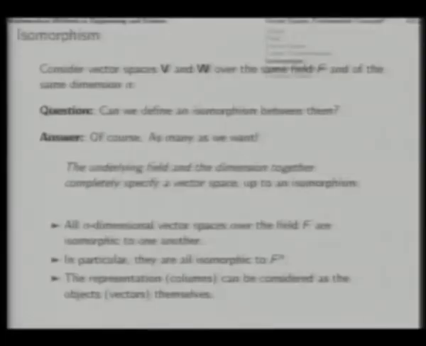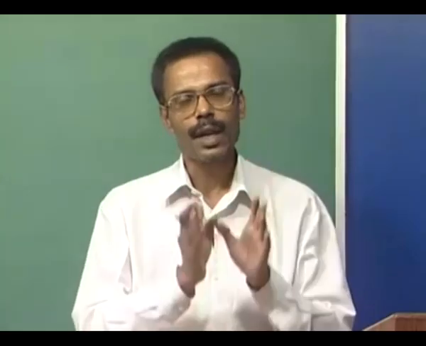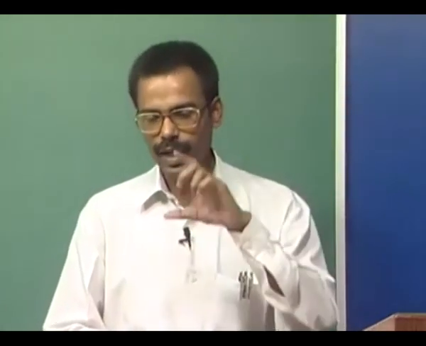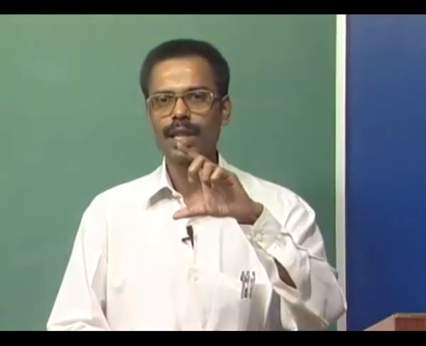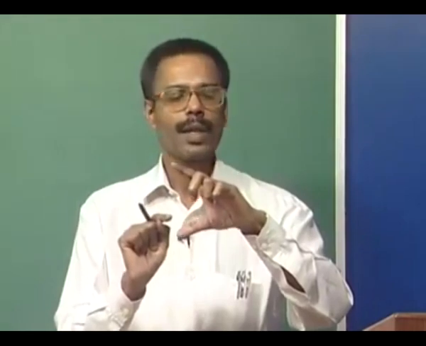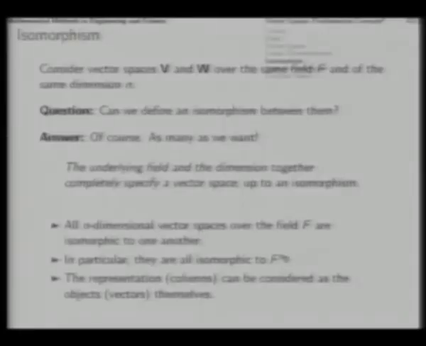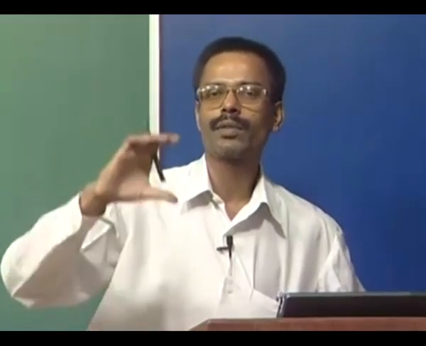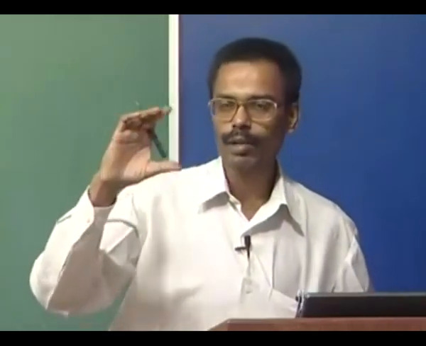So you find that all n dimensional vector spaces over the field F are actually equivalent. So they can be considered as same. In particular, the vectors with which we have been dealing, the representations, the column vectors in which the coordinates are just listed, all of these n dimensional vector spaces are isomorphic to Fn itself. The column vector, the listing of coordinates, that representation is also a vector space.